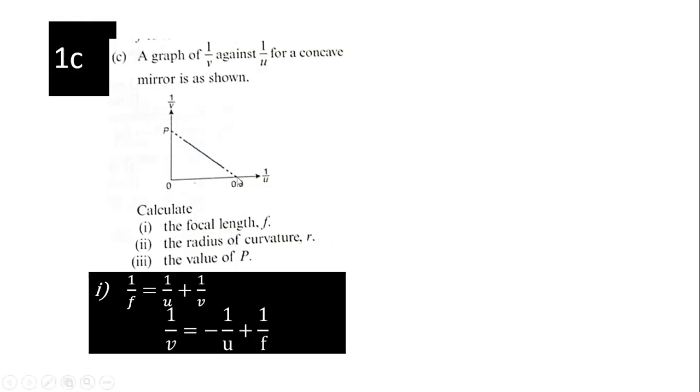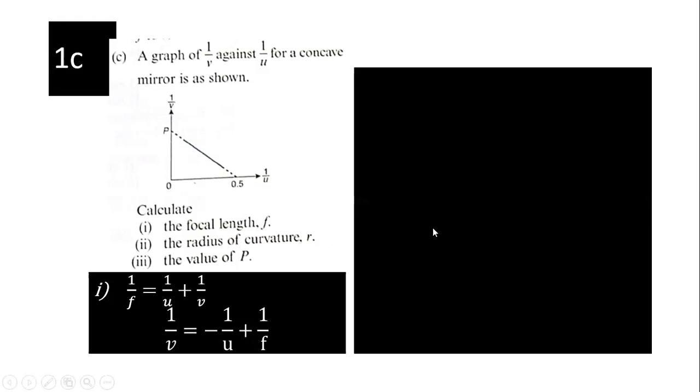Use that as your point. This one equals 0, so the answer is 2. If that is 0, then you have 1 over f equals 1 over u. The answer is 2. What's the radius of curvature?